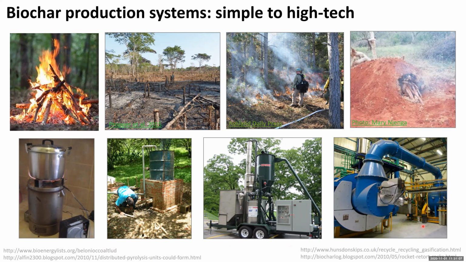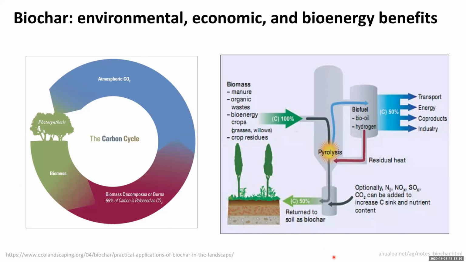The higher tech systems allow the operator to control the pyrolysis conditions with more detail to be able to create chars with consistent characteristics. And some of these higher tech systems can produce bioenergy that either heats or powers a facility, and they produce charcoal residues as a waste product, which can then be used as a soil amendment.